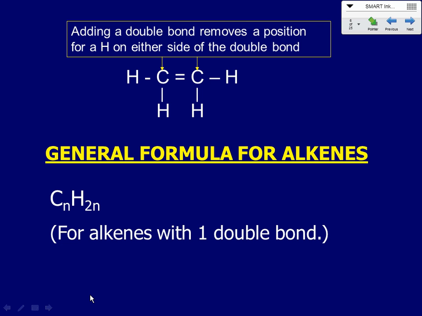So the general formula is CnH2n, and that's for alkenes that have one double bond. If it's got 2 double bonds, then another 2 would have been taken away. Then it'll become CnH2n minus 2. Then you've got 2 units of unsaturation. One to get you down to the 2n, and then another one gets you minus 2.